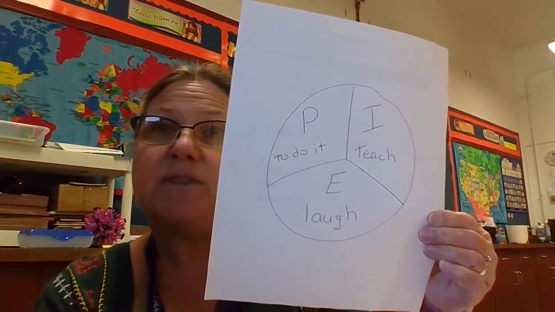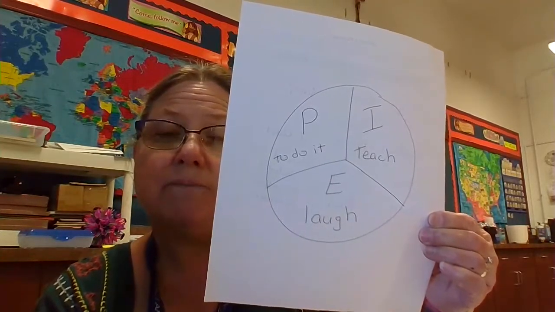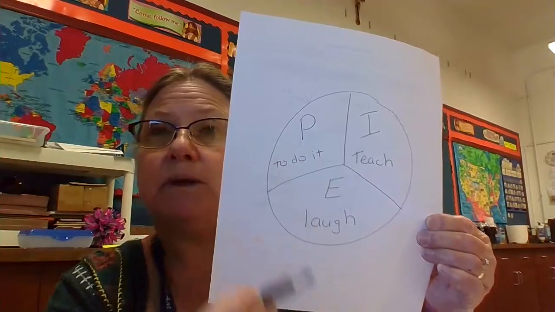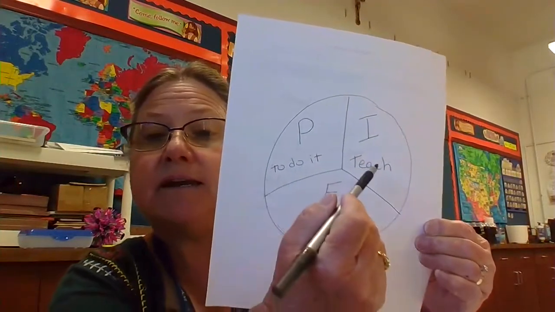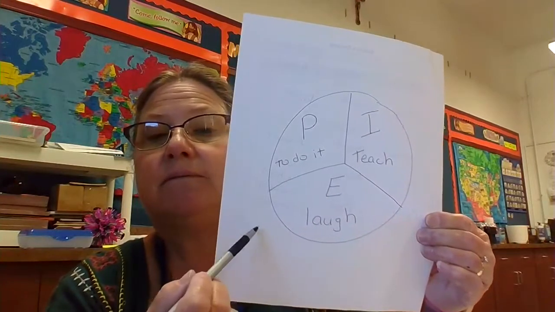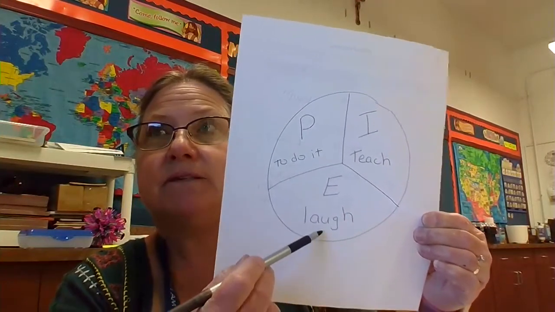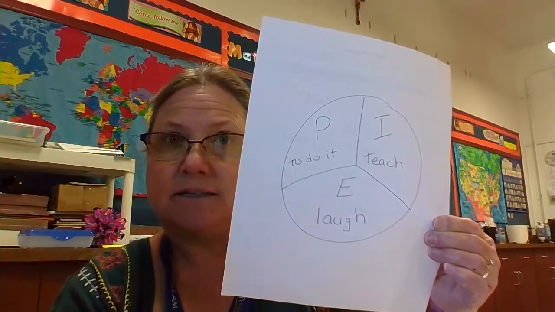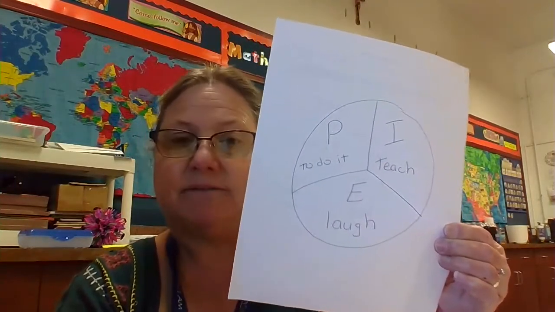If we go back and think about that Henry and Mudge story we read, he didn't ask us to go be a Mudge. They didn't teach us how to take care of Mudge. It just made us laugh. So the Henry and Mudge story is a story that entertains us and makes us laugh.